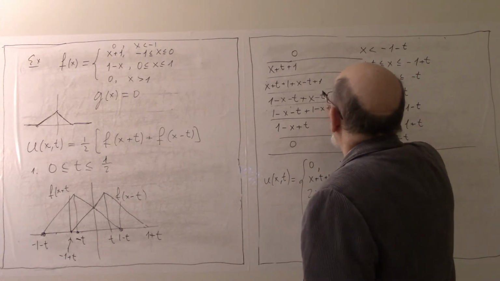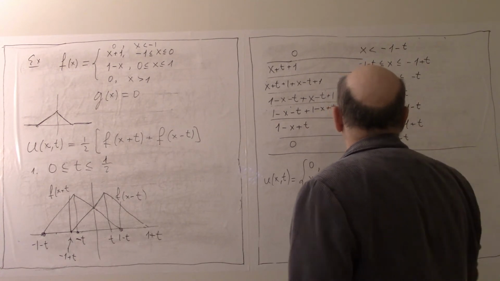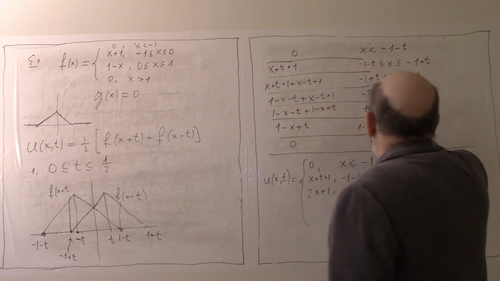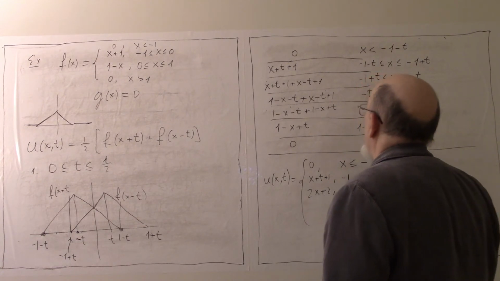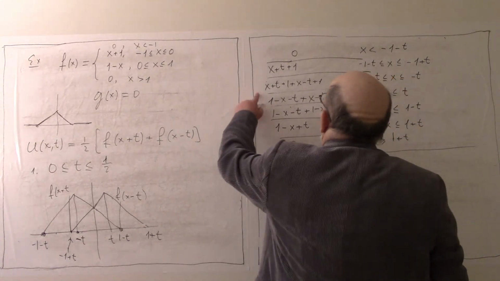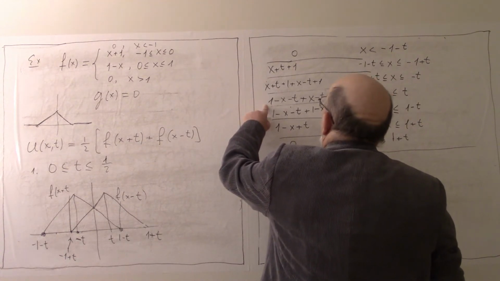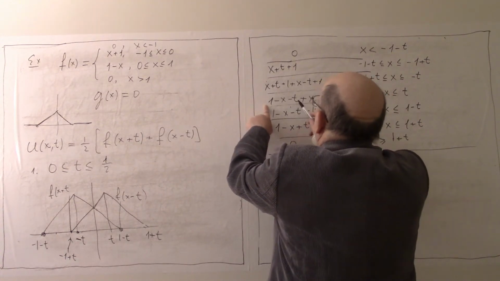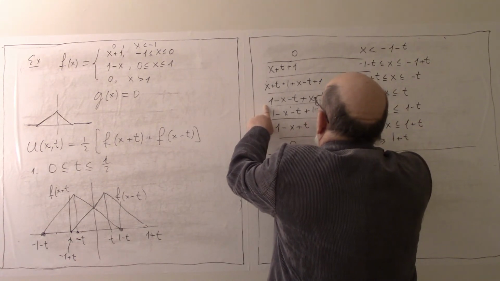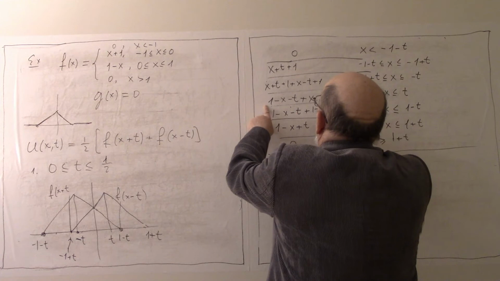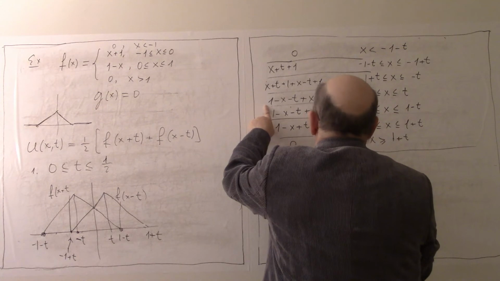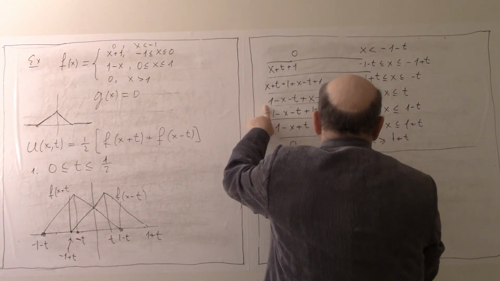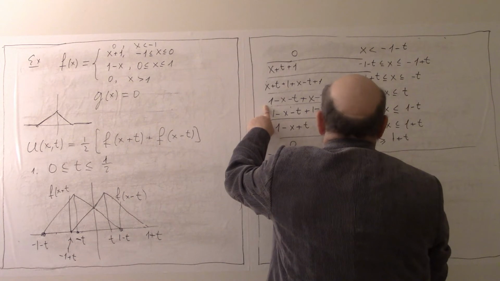Here, minus 1 plus x minus... yes, the fourth is 1 minus x minus t plus x minus t, that is 2 minus 2t, when minus t is less than x less than t.